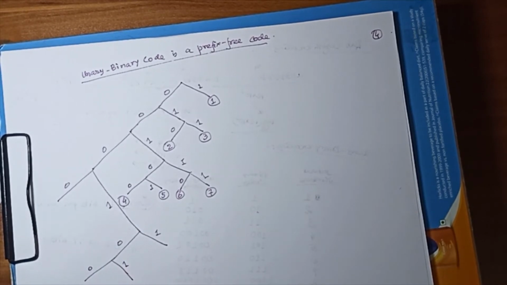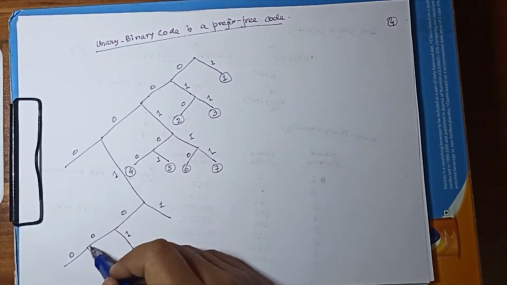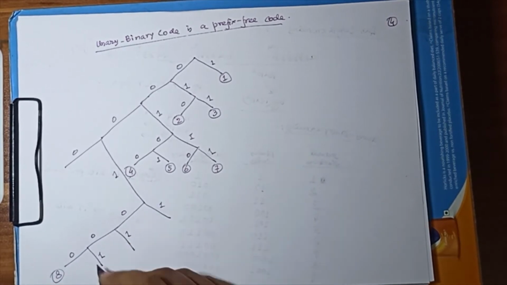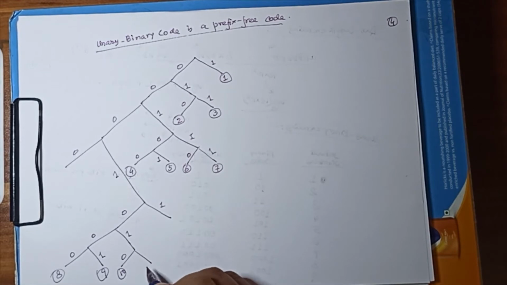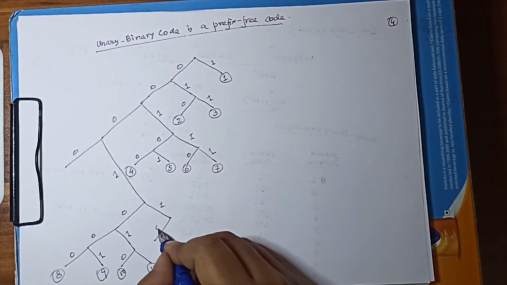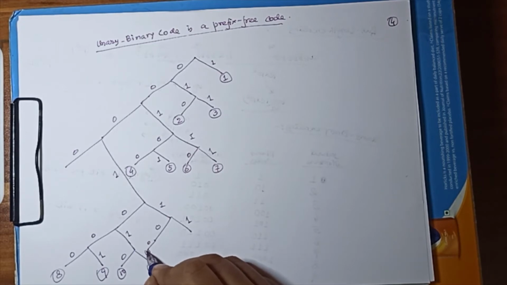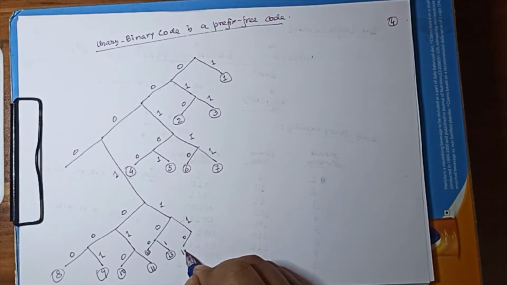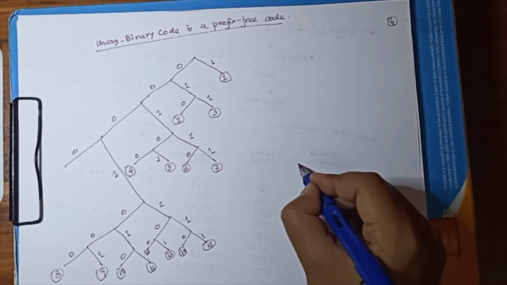So this will be 0 0 0 1 0 0 0, that will be 8, this will be 9, this will be 10, this will be 11, this will be 12, this will be 13, this will be 14, this will be 15. You see, 0 0 0 1 1 1 1, this is 15.